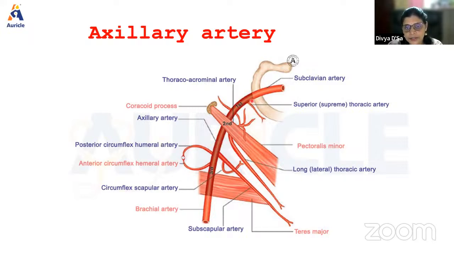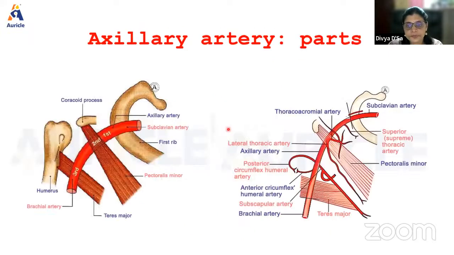The course of the artery. After it originates, it runs in the axilla and forms a part of the content of the axilla, and it terminates at the lower border of the teres major muscle. In its course, the axillary artery is divided by the pectoralis minor muscle into three parts.